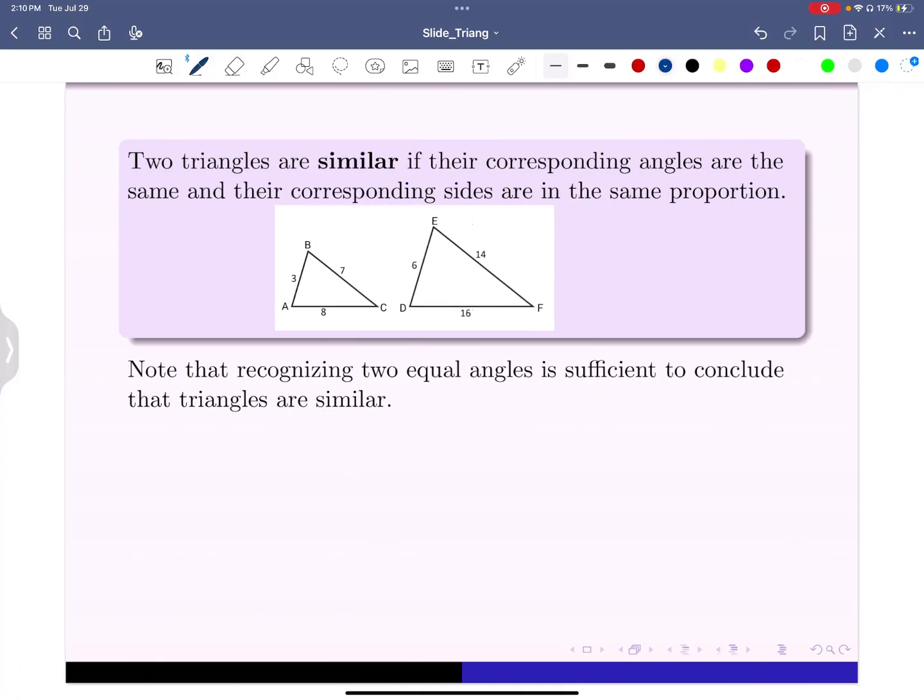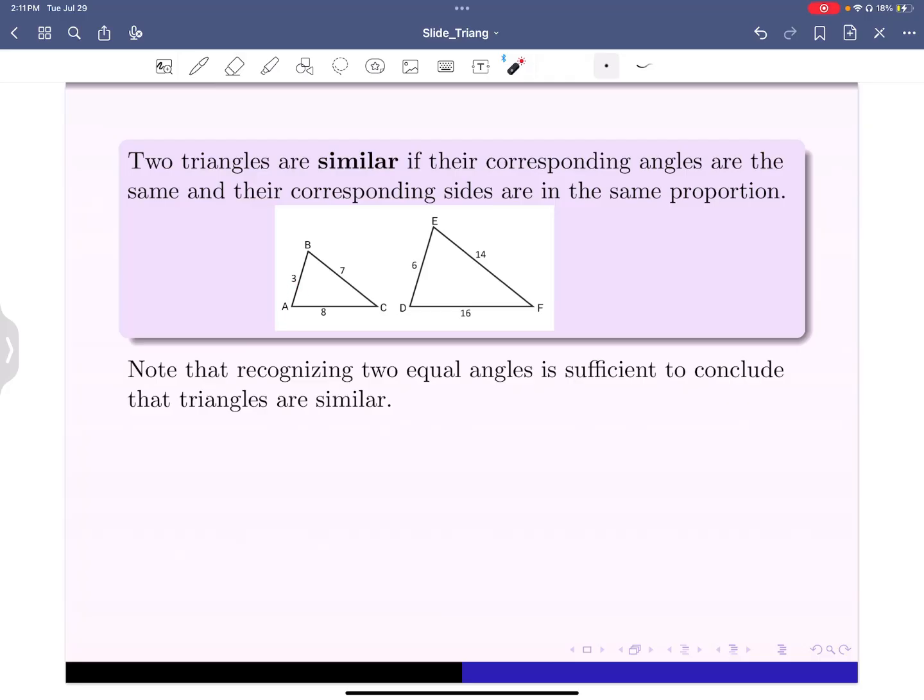Now, two triangles are similar if their corresponding angles are the same and their corresponding sides are in the same proportion. What does it mean? Angle C is equal to angle F, and angle B is equal to angle E. But the sides are in the same proportion.